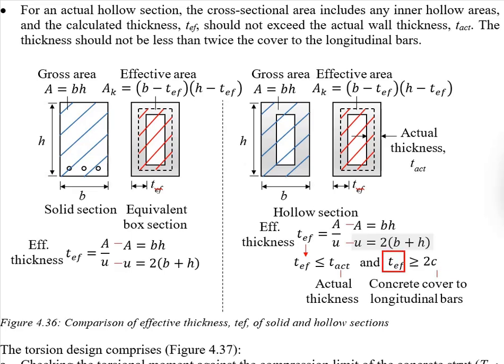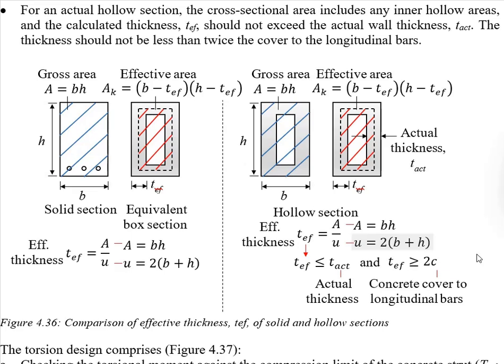Also, your effective thickness must be greater than 2 times the concrete cover. If it is less than 2 times the concrete cover, the hollow section is considered inappropriate, unable to generate sufficient torsional resistance.